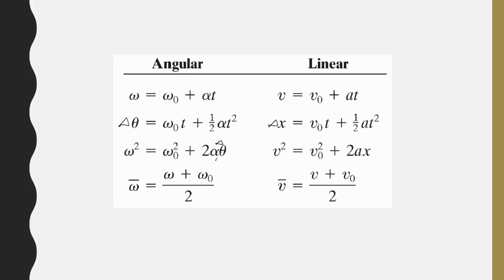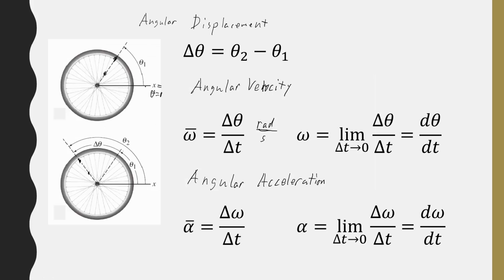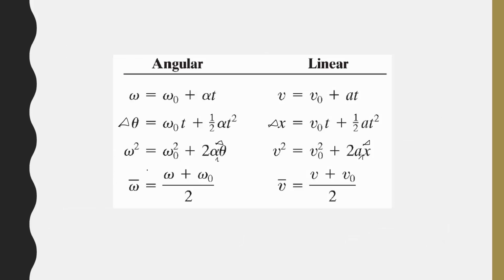Also, our initial position was arbitrary, whatever location you wanted to call 0. It's really the changes in position that matter, and that's true also with the angular quantities. Sometimes it's useful to call the x-axis an angle of 0, but you don't have to. You can choose any position you want to be your origin, so to speak.